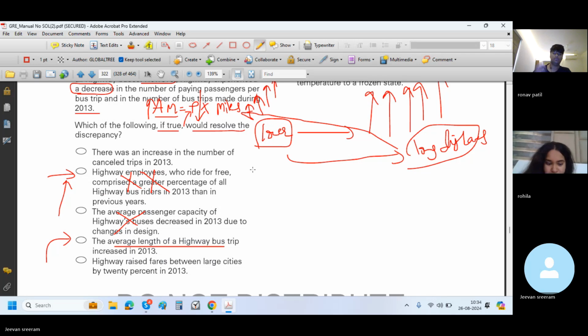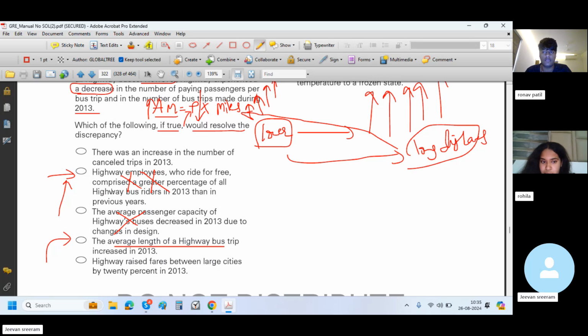As per the passengers, although they are fewer, they travel long distances. That's how the average increased. So there is no other option as good as this. Highway raised fares is irrelevant. Only this quantity talks about the length or miles traveled by passengers. Any doubt with this, Rohila? No, sir.